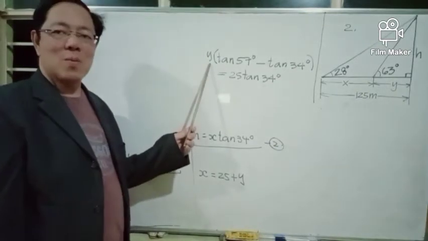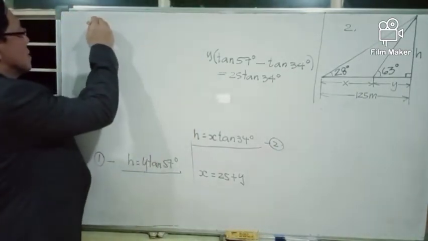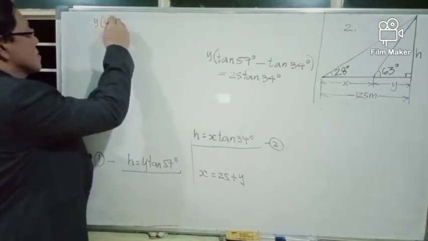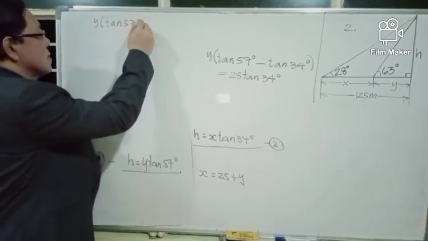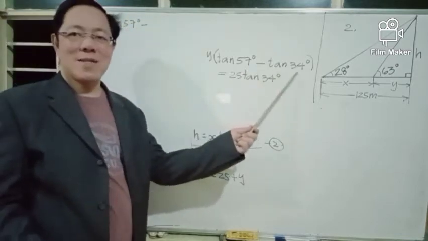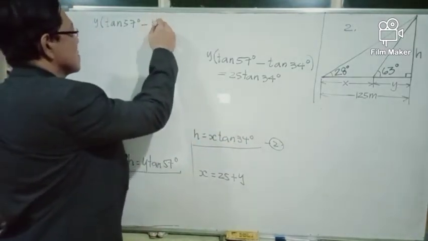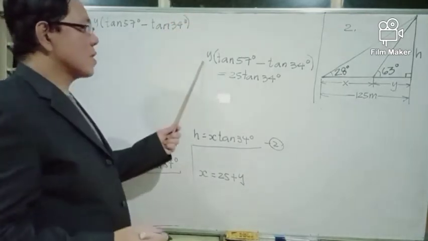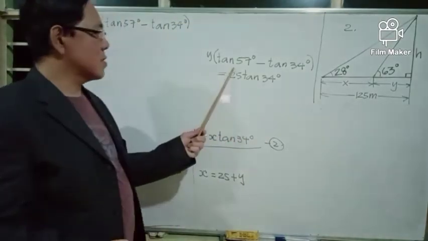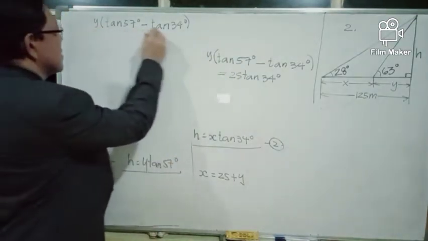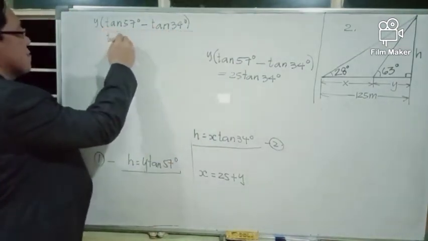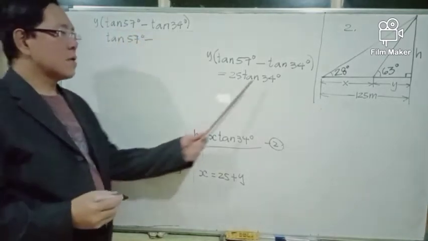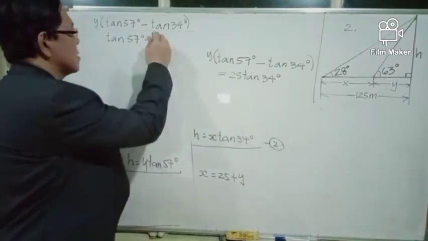On the left hand side, we have y multiplied by tangent of 57 degrees minus tangent of 34 degrees, and we divide this left hand side by tangent of 57 degrees minus tangent of 34 degrees.